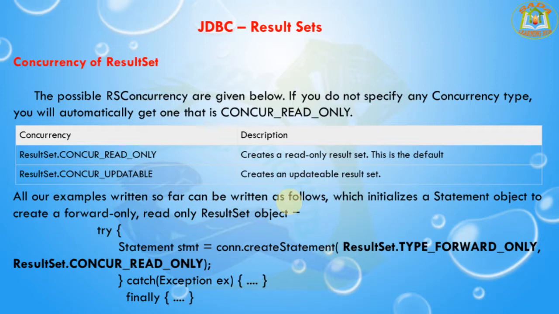For example, if the column you are interested in viewing contains an int, you need to use one of the get int methods in the result set. There are different get methods available, with which you can get the values from the result set.